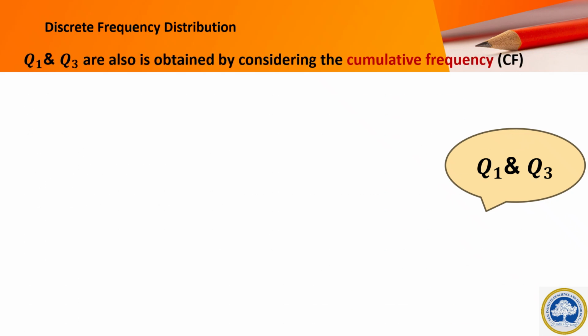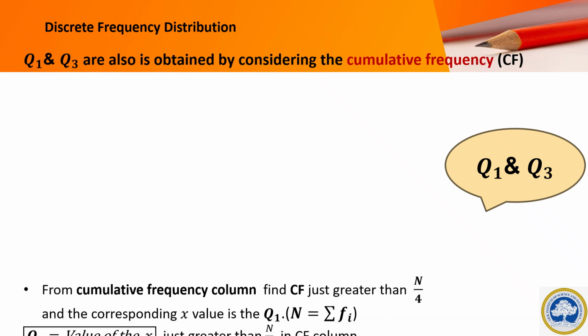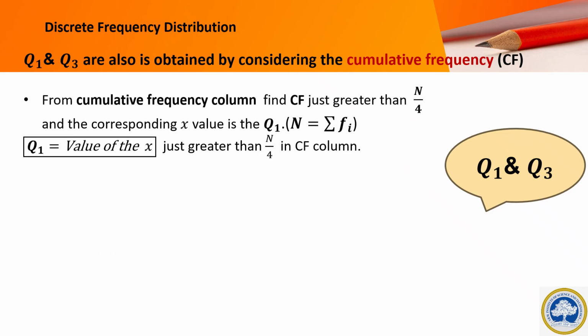Now let us see how to find the first and the third quartiles, Q1 and Q3, for a discrete frequency distribution. Just as we find the median using the cumulative frequency, we can also find Q1 and Q3 using the cumulative frequency column. First, we calculate the total frequency N, and then we find the fraction N by 4. From the cumulative frequency column, we find the cumulative frequency just greater than N by 4, and the corresponding x value is Q1.